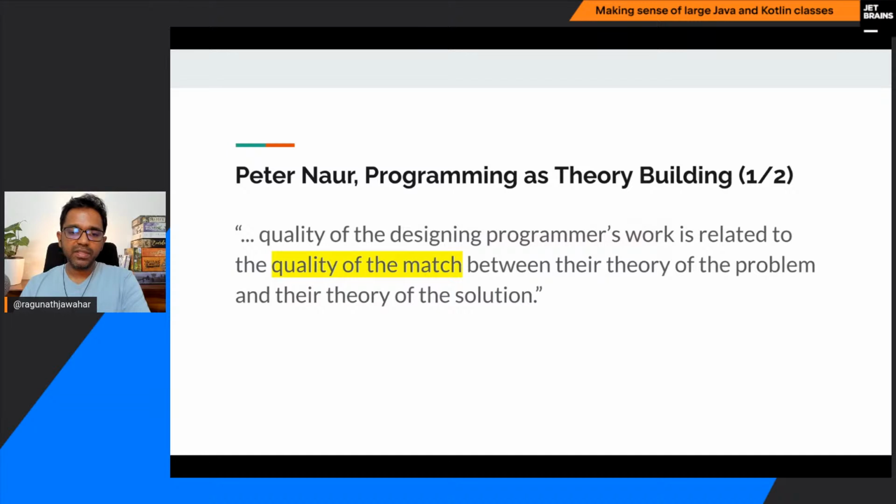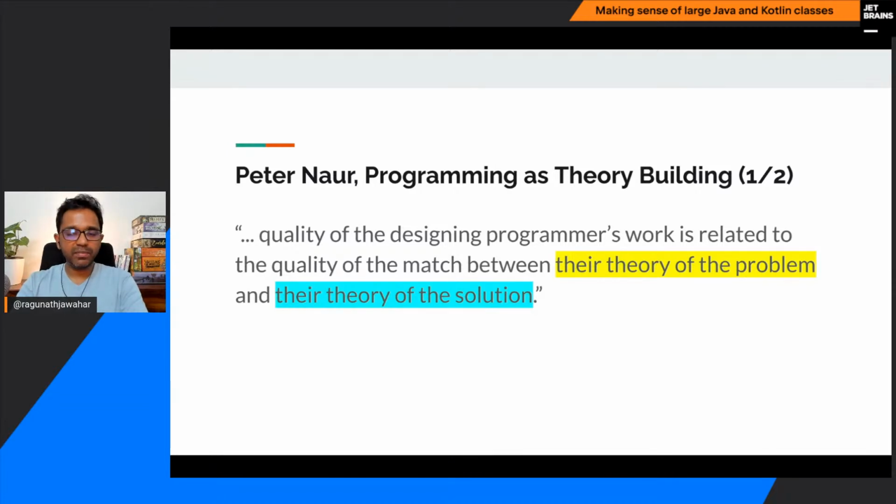So the quality of the match, they're saying if you are the programmer and you're going to create a solution, the quality of the solution that you create is basically the quality of match between the theory of the problem, how do I understand the problem, and what is my proposal for the solution, right? And if they're closer, then it becomes a lot easier for us to build things.